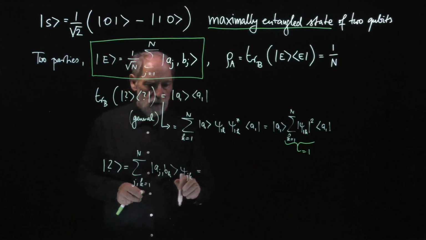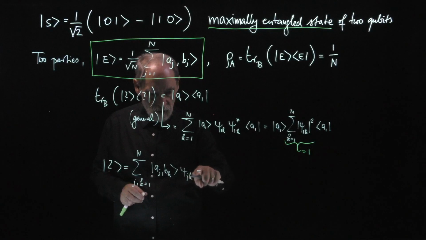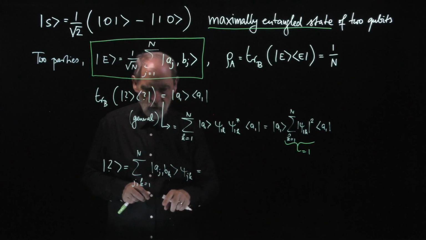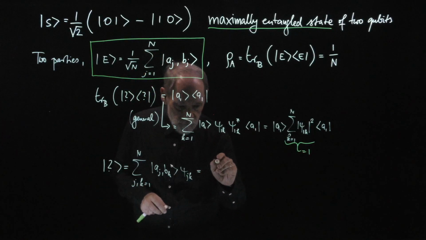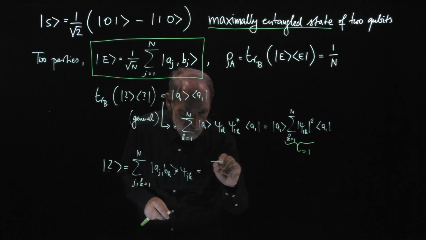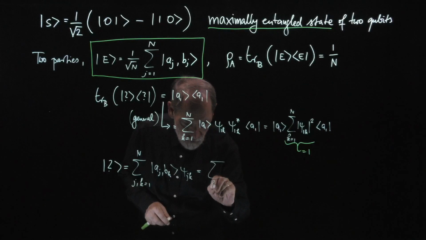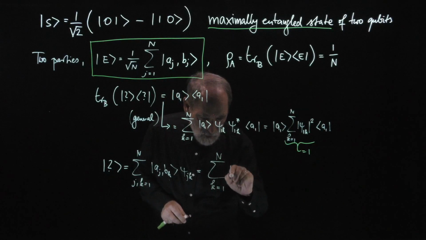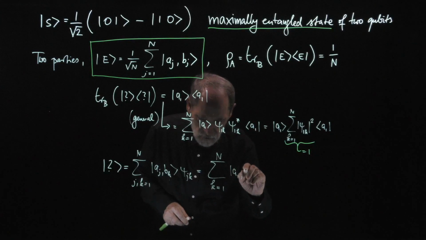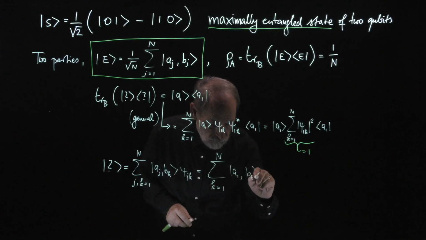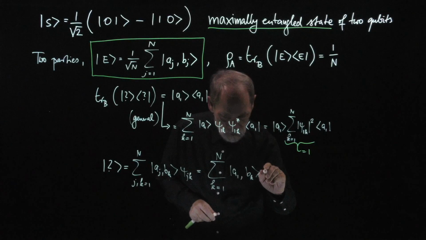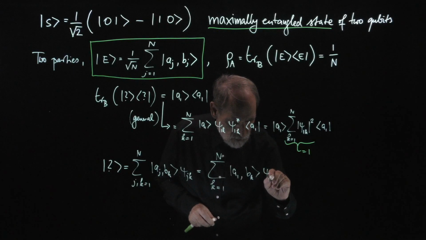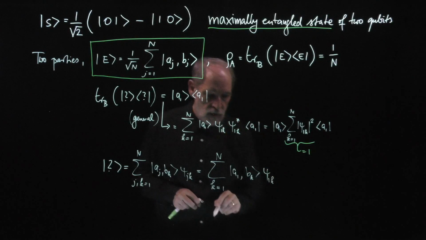But now we know that the psi_jk coefficients with j not equal 1 are all 0. So we just simplify this to the sum over just one j value, and we still have the summation over k. And here we have the A1 and the B_k ket and the psi_1k coefficient.